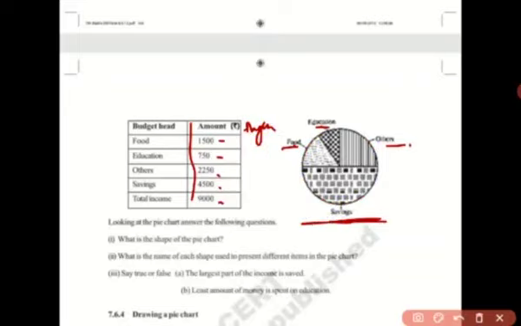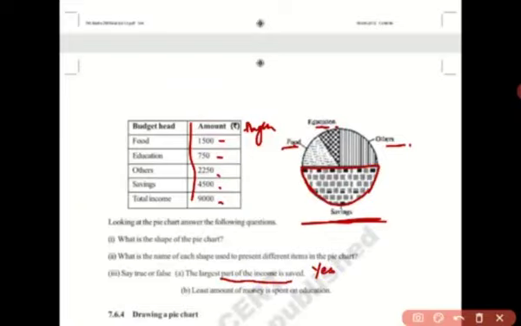Now they're asking, say true or false: the largest part of income is saved. Yes, isn't it? Half of it is savings. So it is the largest part of the income, the amount that is saved. Next: the least amount of money spent is on education. Is it true?